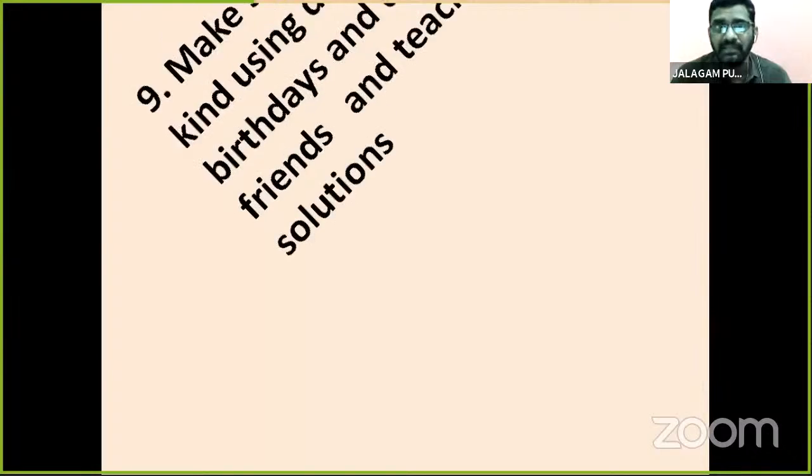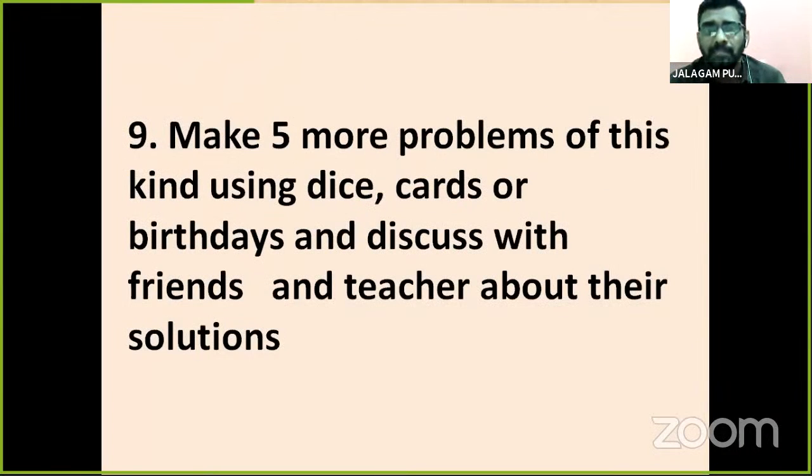Now we move on to another one. Children, I will give you a task. Make 5 more problems of this kind using dice, cards, or birthdays, and discuss their solutions with friends and teachers. If you have any doubts, ask your subject teacher.